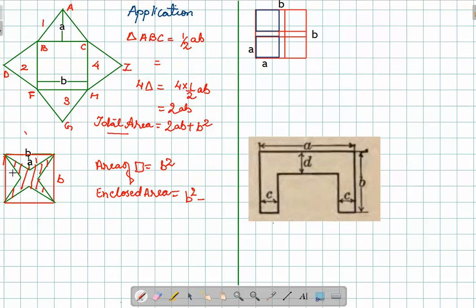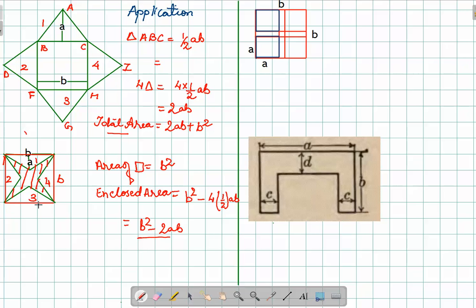Let's call these triangle 1, 2, 3 and 4. So you can say that there are four triangles and you have to subtract. This area is omitted out of it. In the previous sum it was added in, in this sum it is omitted out. So again the area will become 2AB. It's the same, AB, so it will become 4 into half AB. So the enclosed area will become B square minus 2AB.